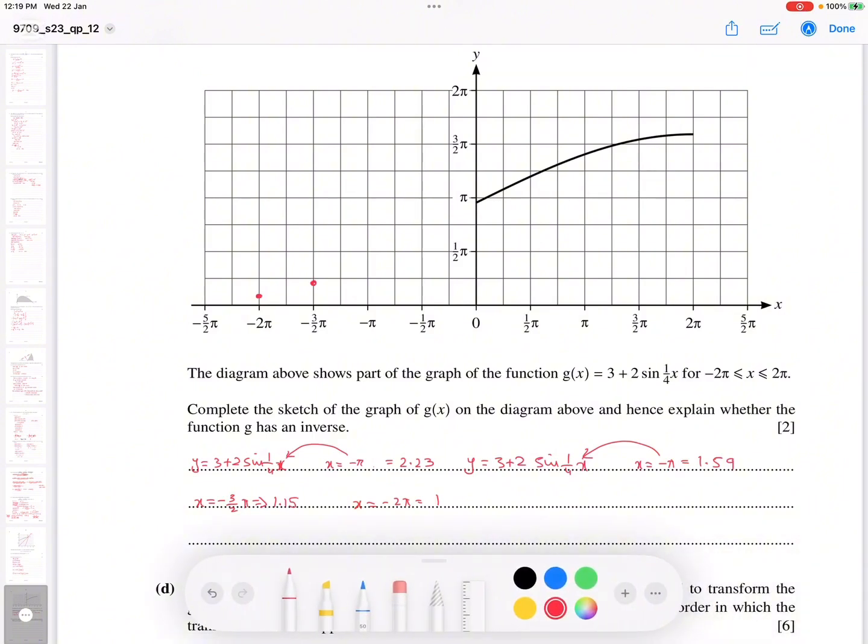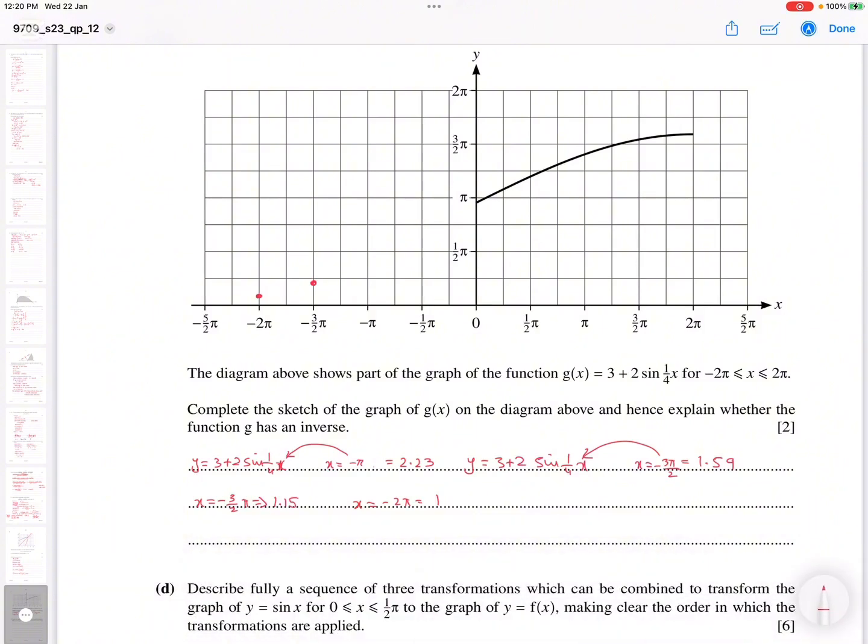Let me correct it. And then 1.59. Okay, this is negative 3 pi by 2.